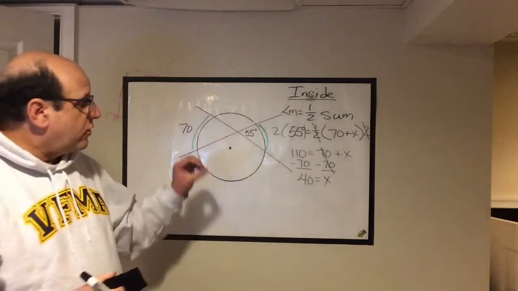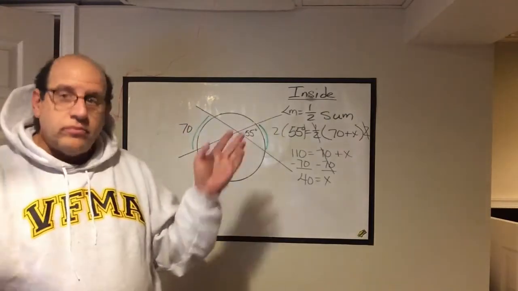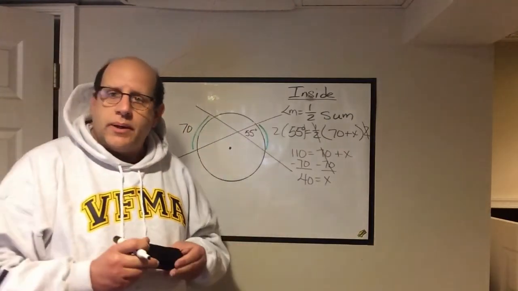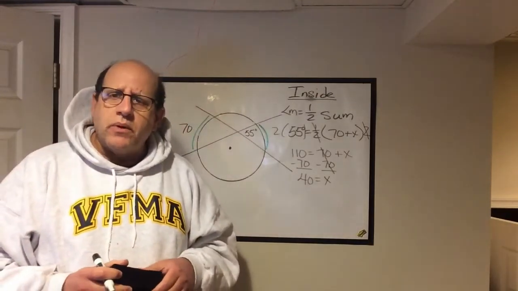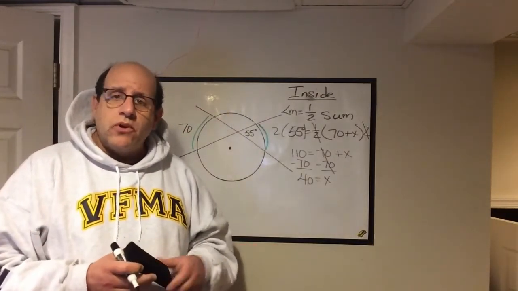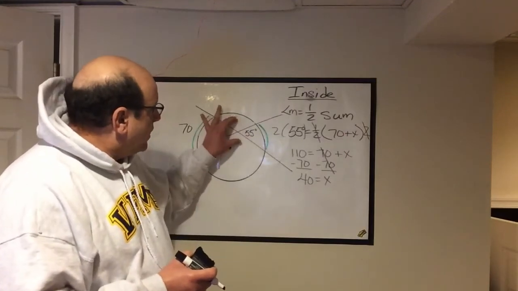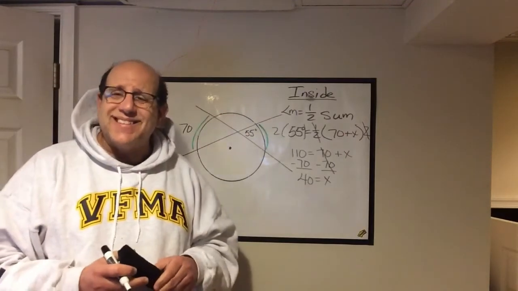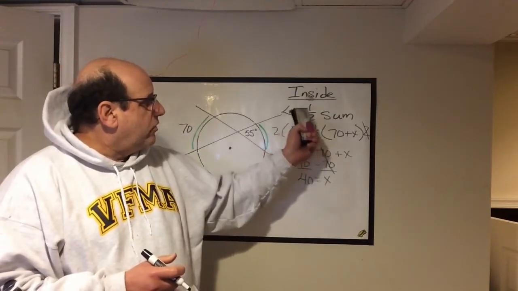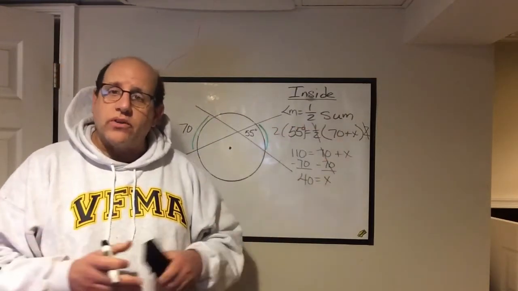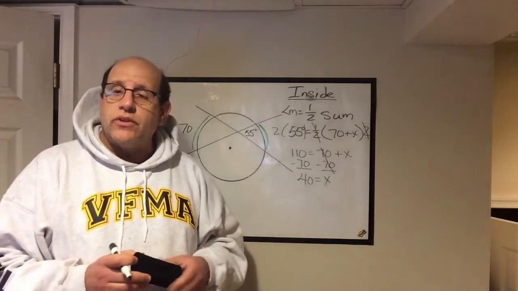They will never just put an angle and have you guess, especially on this interior type problem. But that's how you solve problems when you have your secants intersecting inside the circle. Remember, the measure of the angle is 1/2 the sum of the two arcs that are created by those intersecting secants.